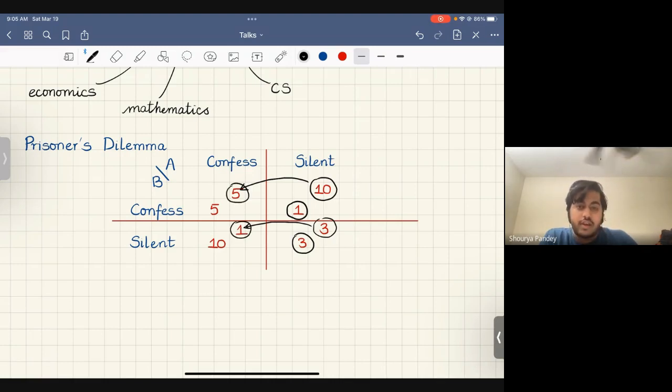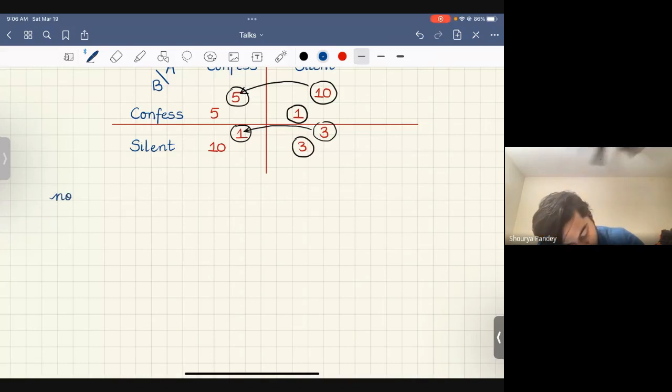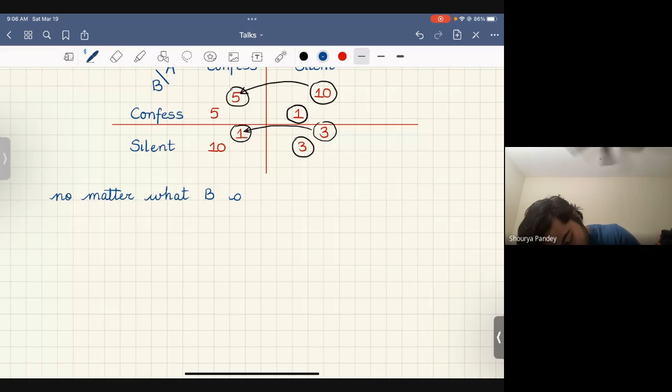So either way you decrease your jail time. I should write it as this: no matter what B does, it is better for A to confess.